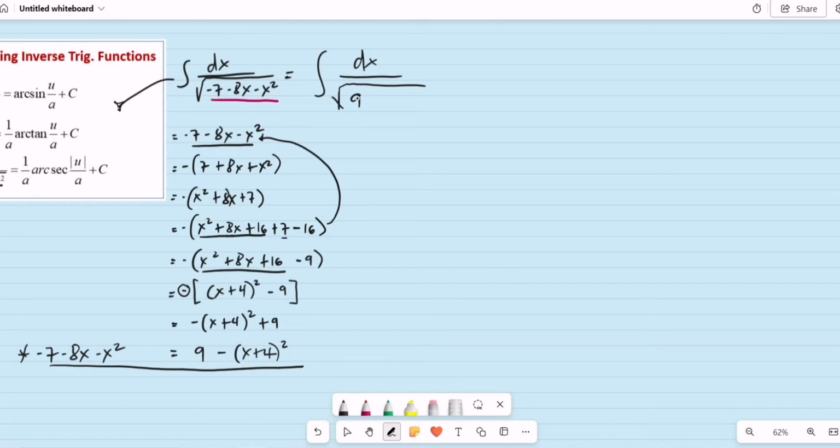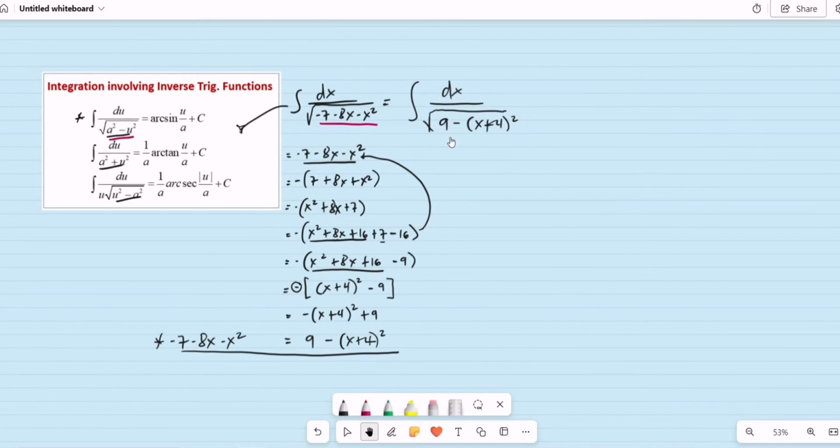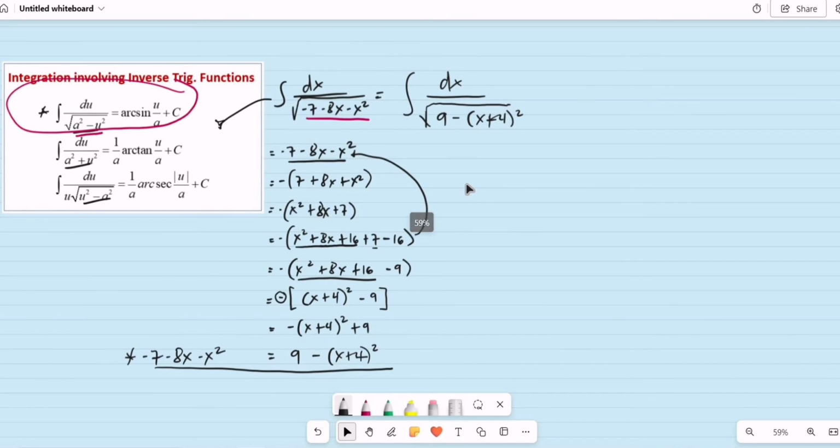That is now in the form of our first formula. So if you take the equivalent of a and u, what is the equivalent of a squared? It is the constant, which is 9. If you take the square root, a is simply equal to 3.